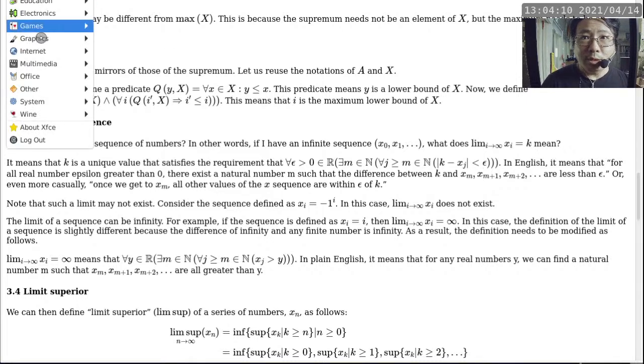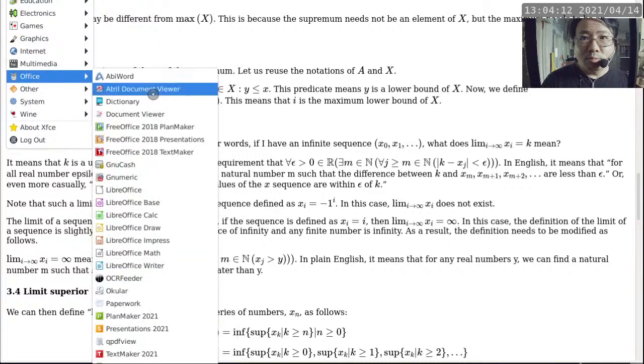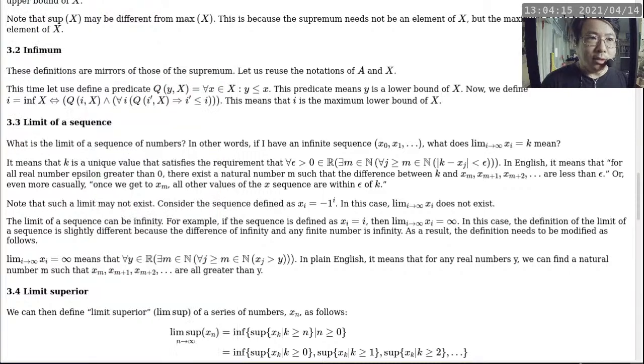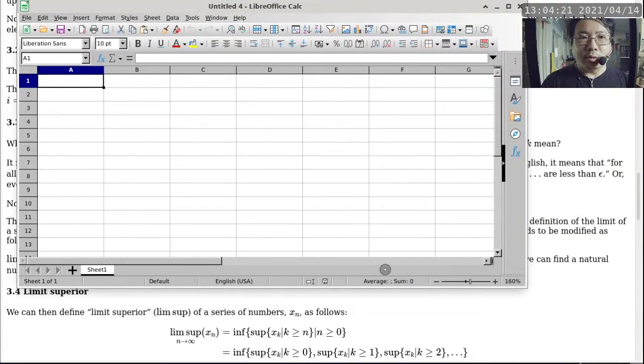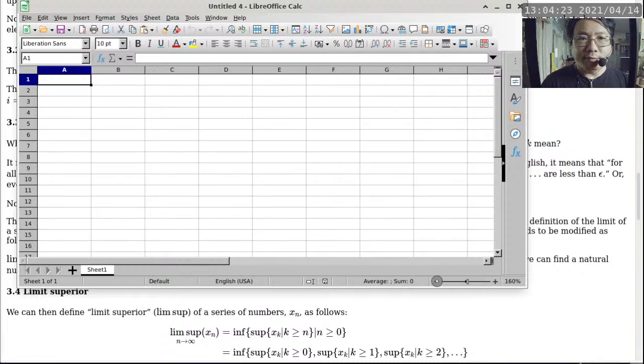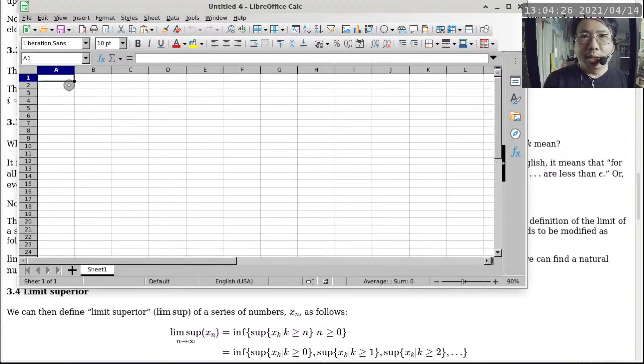Give me a moment here to set up a spreadsheet, because the spreadsheet is particularly helpful in this case, since I can look at the values, but I can also look at the graph. We'll use column A as our indexes.